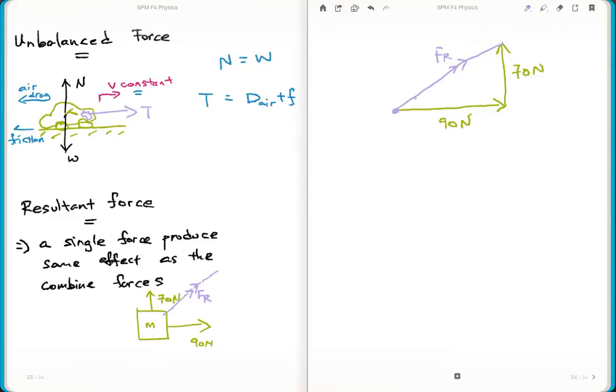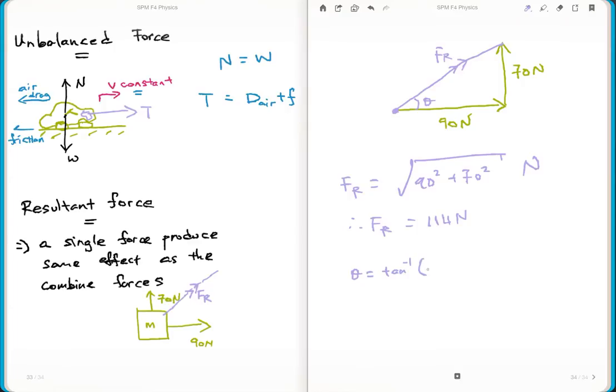And always look for the angle. What's the angle theta from the horizontal? By Pythagoras, it is 90 squared plus 70 squared, so my resultant force would be somewhere around 114 Newton. And you need to find the angle because force is a vector quantity. So theta equals arctangent of 70 over 90.